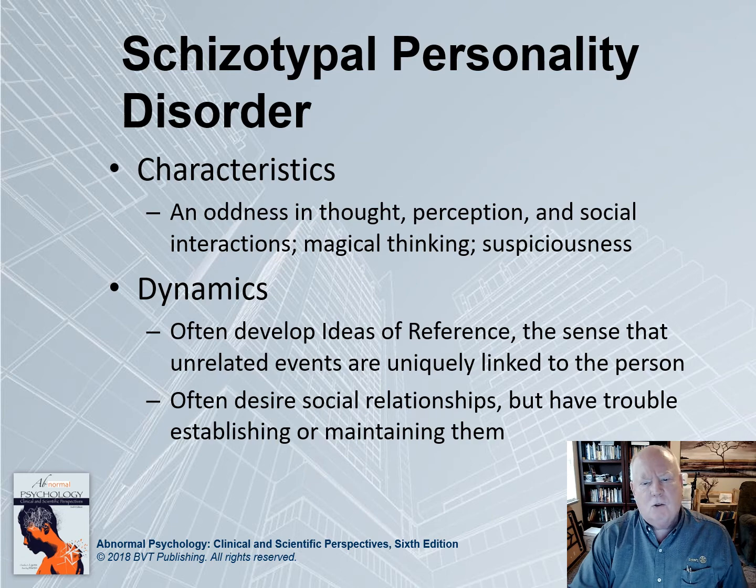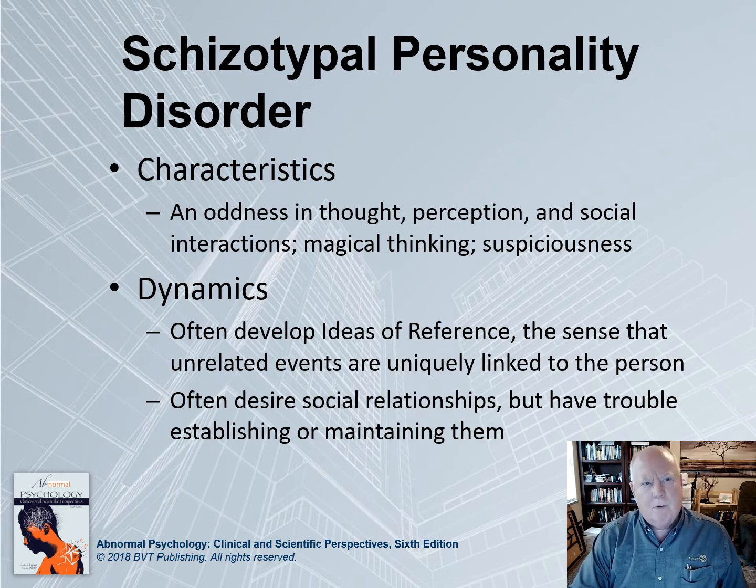Because these individuals are a little odd, people respond to them and often shy away from them. Perhaps for this reason, perhaps for other reasons, they tend to have what is called ideas of reference. Those are paranoid-like feelings, but not quite paranoia.